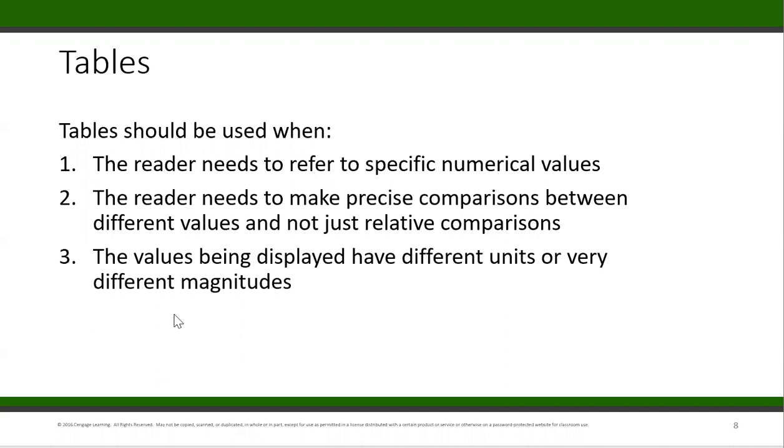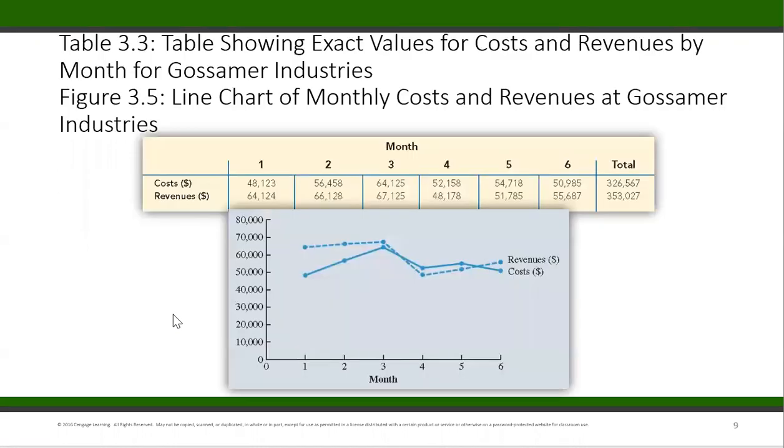If you have dollar amounts, the number of people working, and the number of hours that people work in a company, for example, it's three completely different variables with different units. You won't be able to put them in a graph that is easily understandable by the readers. So in these cases, it's better to put everything in a table.